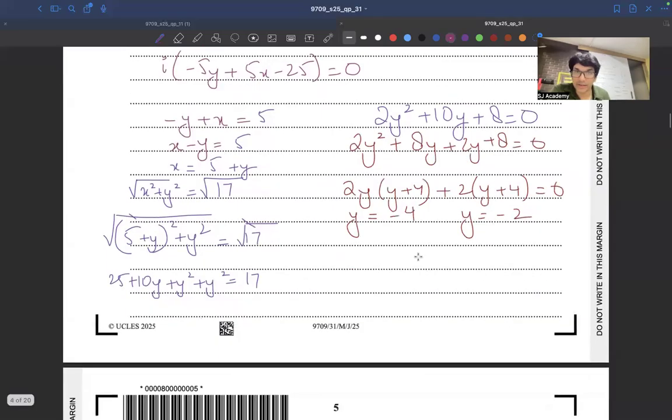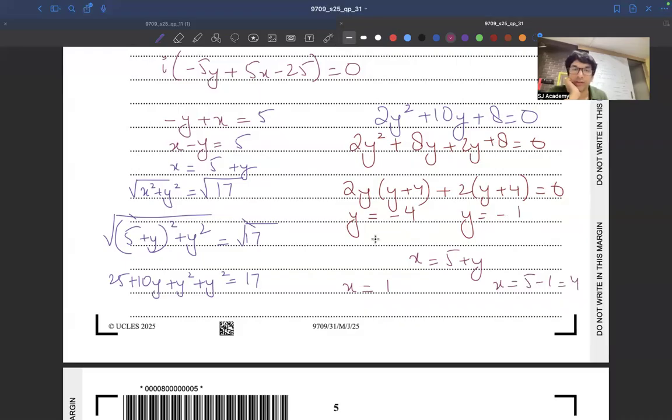We know that x is equal to 5 plus y. When y is −4, 5 minus 4, x will be equal to 1. When y is −1, x is 5 minus 1, which is 4.